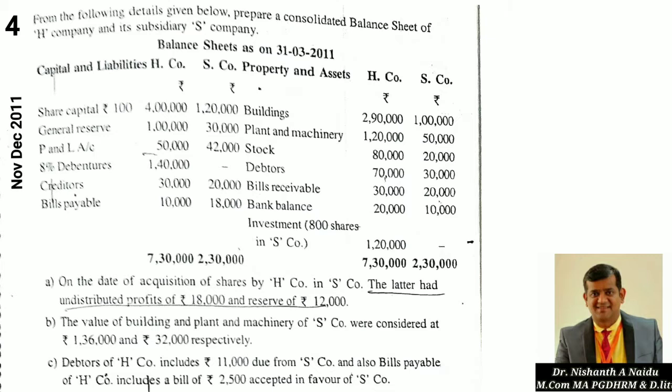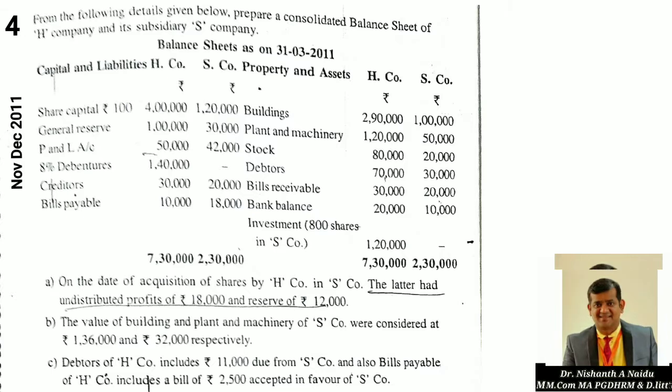On the date of acquisition of shares by H company in S company, the latter had undistributed profits of rupees 18,000 and reserve of rupees 12,000. Adjustment B: the value of building and plant and machinery of S company were considered at rupees 1,36,000 and rupees 32,000 respectively.